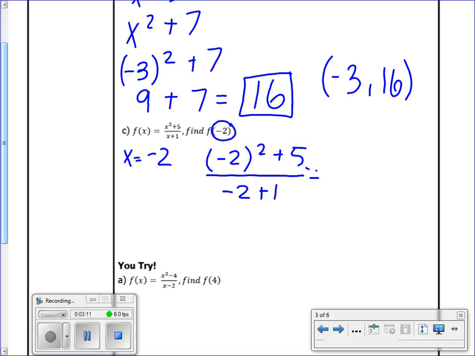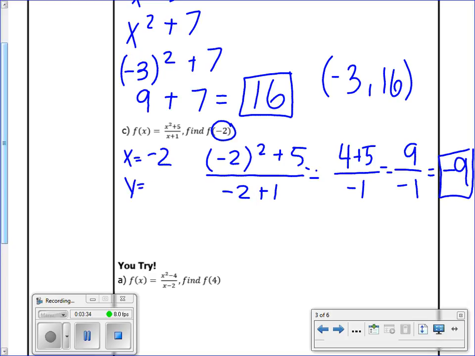I'm going to square -2 to get 4, plus 5. Divided by -2 plus 1 is going to give me -1. I still need to reduce our numerator. 4 plus 5 is 9, divided by -1, so your answer is -9. Again, as an ordered pair, your x value is -2 and your y value would be -9, so it would be (-2, -9).